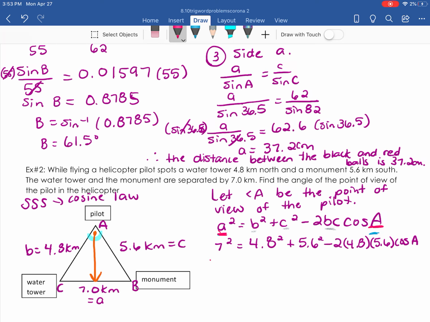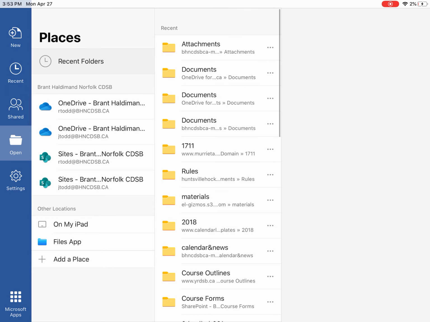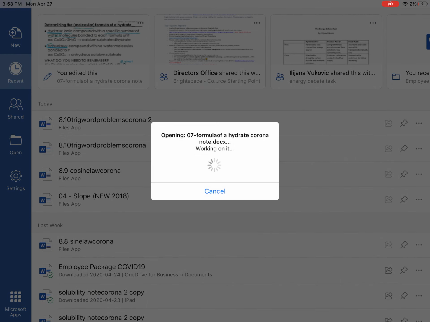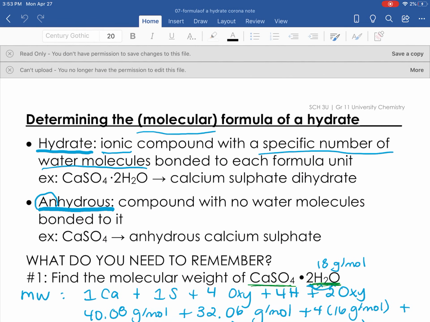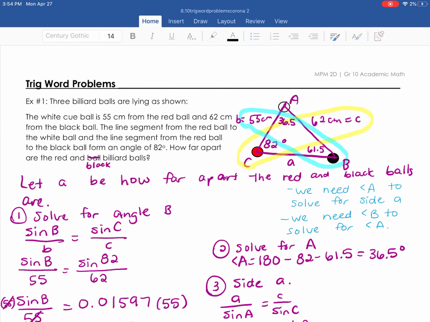Okay, so we have 49. Sorry about that, I picked a different color. 4.8 squared is, sorry, whoops, that's grade 11, that's not what we want either. There we go.